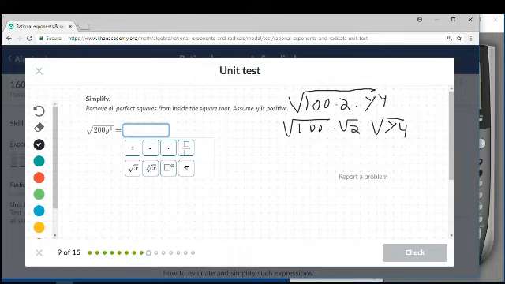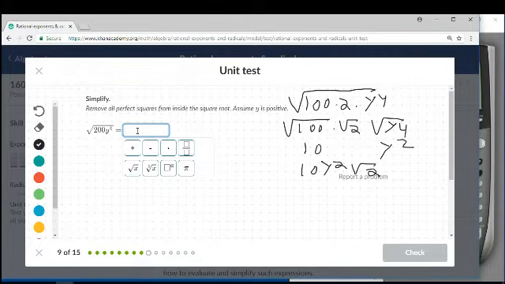Square root of 100 is 10. Square root of y to the 4th is y squared. This cannot be simplified. So this ultimately becomes 10y squared root 2. Okay?